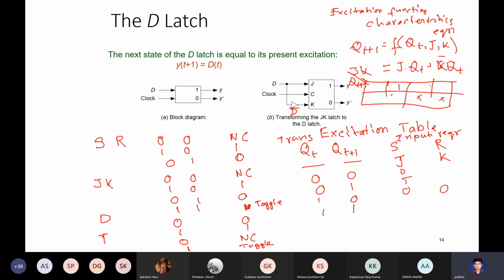Again, one more thing you should not forget is that the flip-flops are enabled or activated only when the clock is high, only when the clock is on. So basically what you should do is synchronize everything, so you should have a small thin clock pulse and only then changes happen.